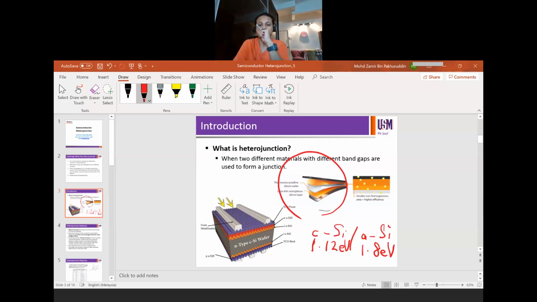Okay, so this one is an example of a solar cell. You can also see this from your devices that you're assigned with for your presentation one. This is actually a real solar cell manufactured by Panasonic.